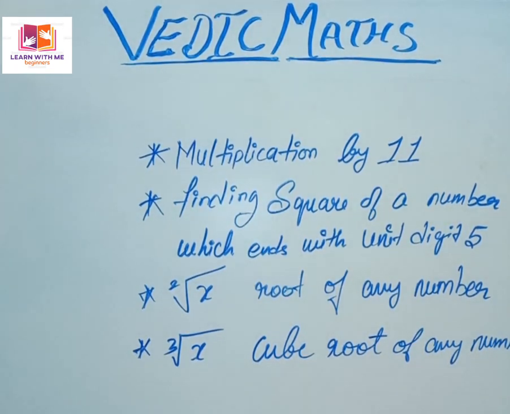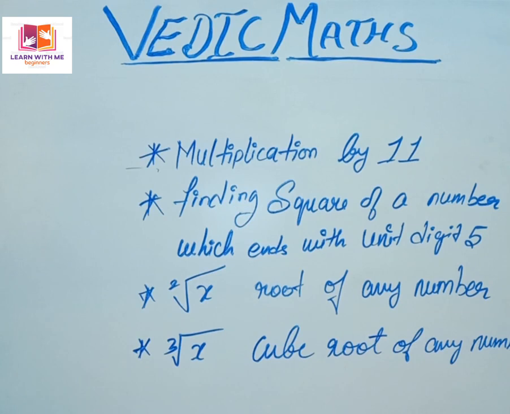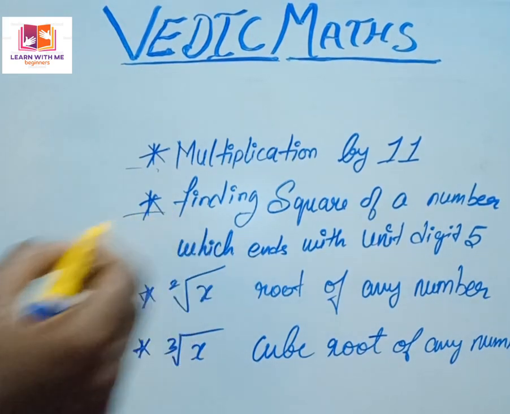So friends, first of all, we should know what is Vedic maths. Vedic maths is a collection of techniques which helps to solve arithmetic operations in a faster way. In this session, I will show you how to multiply a 3-digit number, 4-digit number and 5-digit number with 11, and how to find the square of any number which ends with unit digit 5.